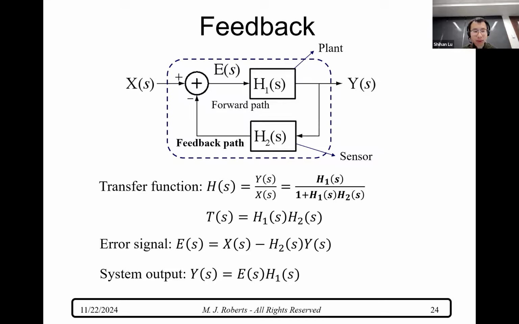At the same time, we're gonna have another transfer function, another system response H2 of s, which is gonna take this current system output and convert it into some form, which is fed back to the system input, and then generates the current error signal.